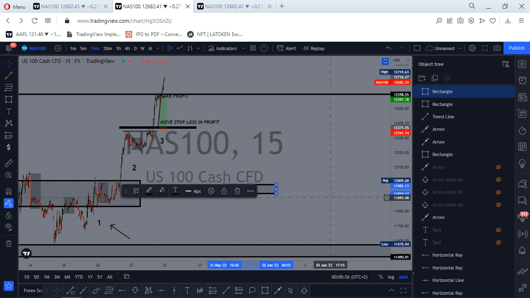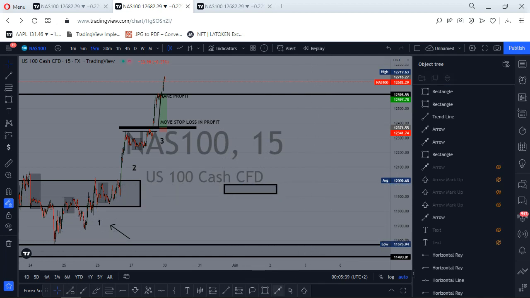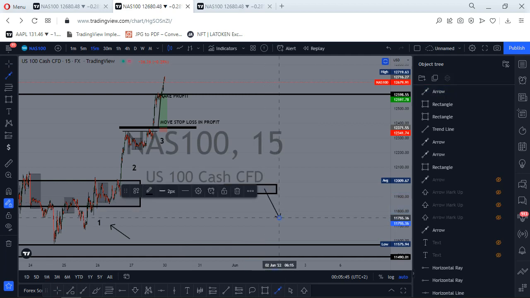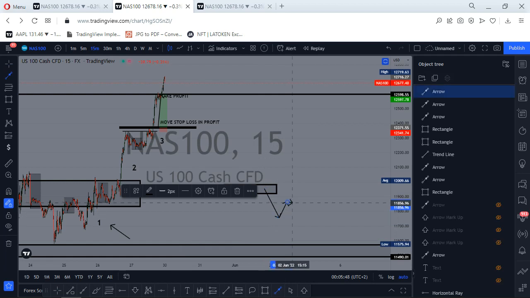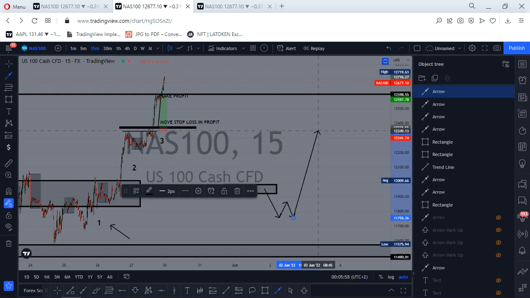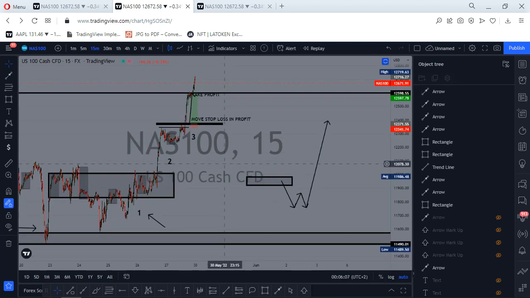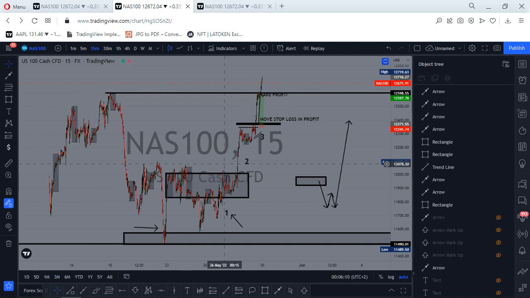So usually what the market does is the market comes out of this range, then the market gives me a 25 to 50 pips pullback, depending on the range, and then I get my second leg, and then you can see the market shoot up. This is the kind of setup. So we managed this trade very well. So we will see what the market is going to give us.